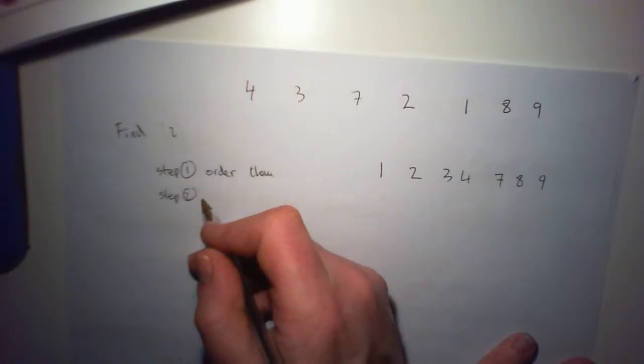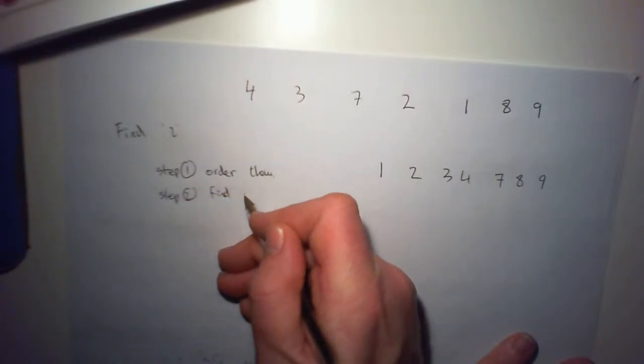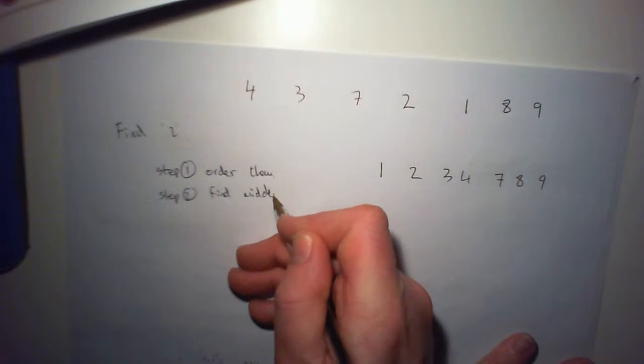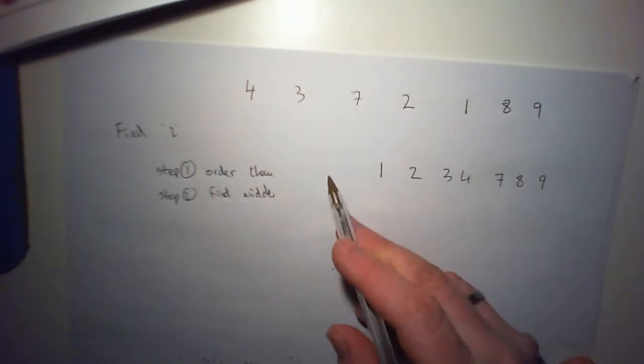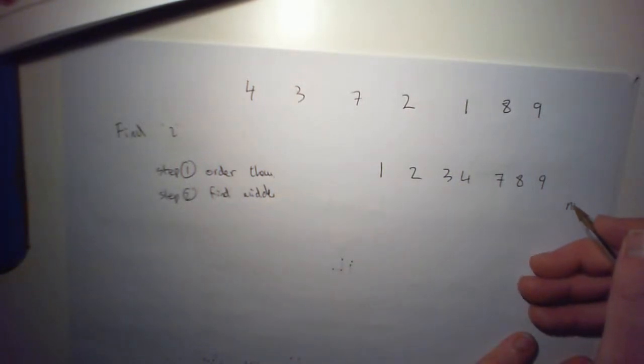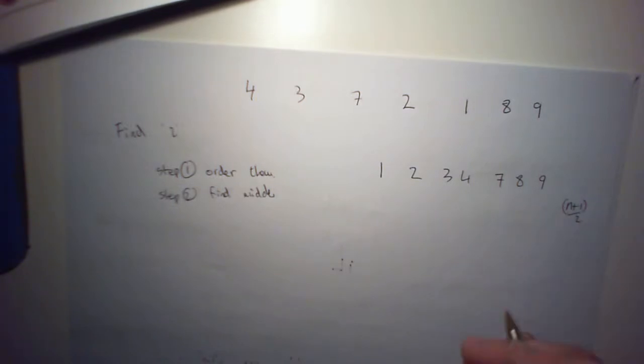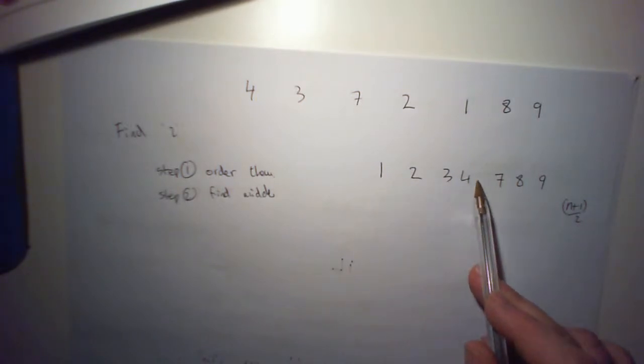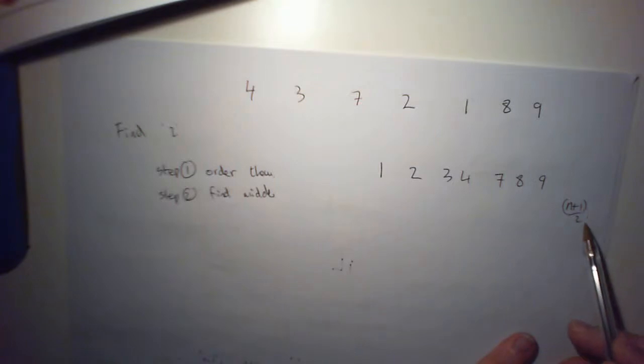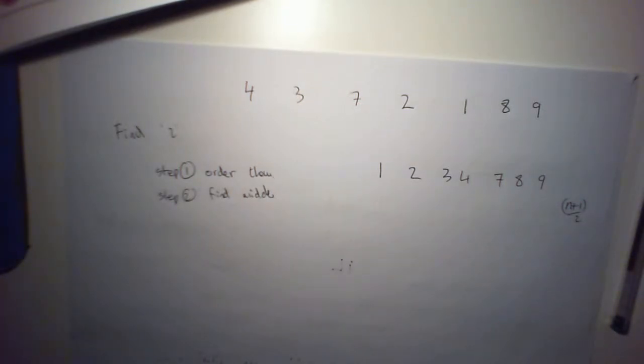Step 2, find the middle. Okay, so n plus 1 over 2 will give me the middle. N is 1, 2, 3, 4, 5, 6, 7. 7 plus 1 is 8. Divided by 2 is 4. There's the middle.